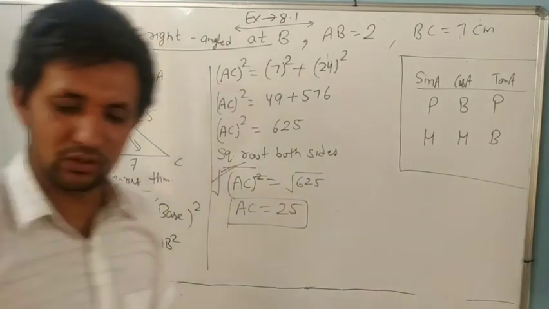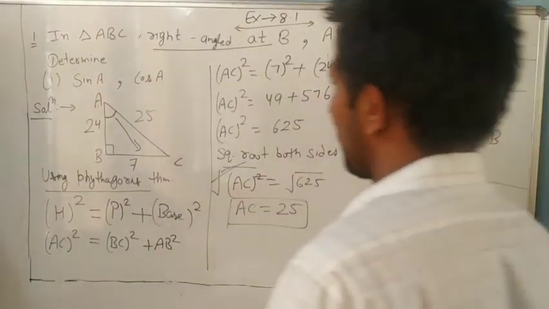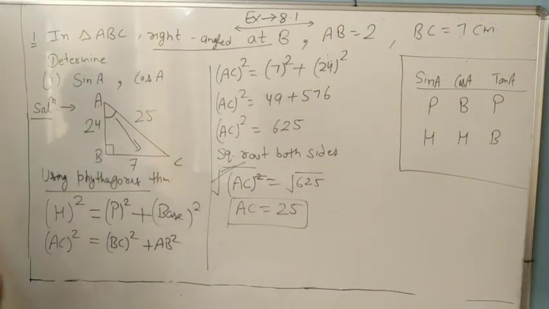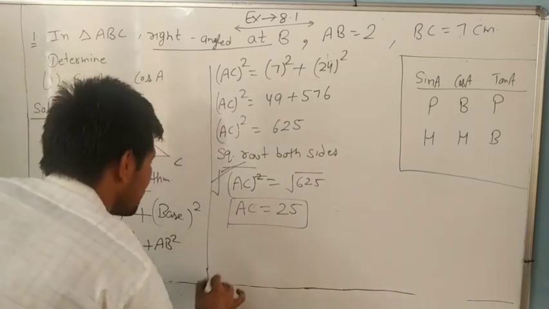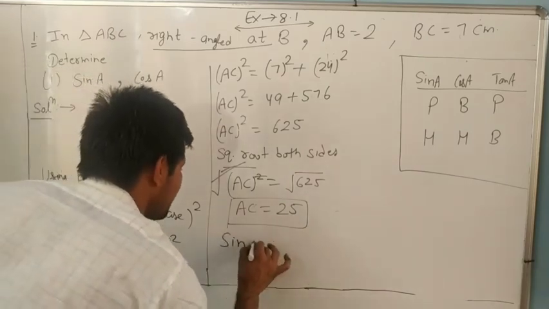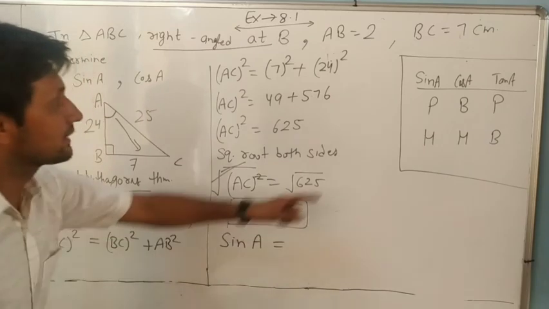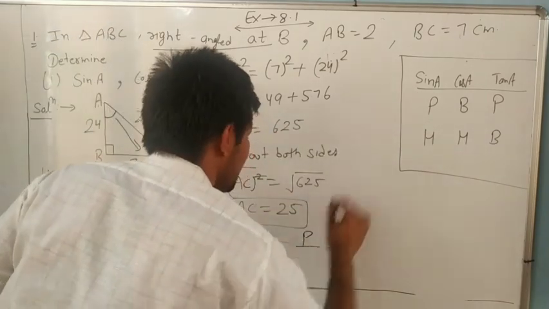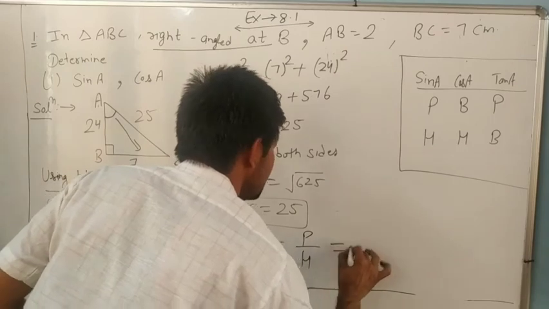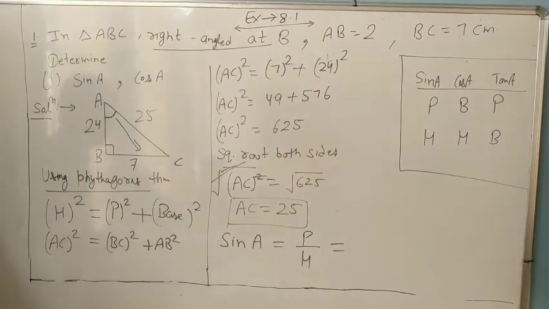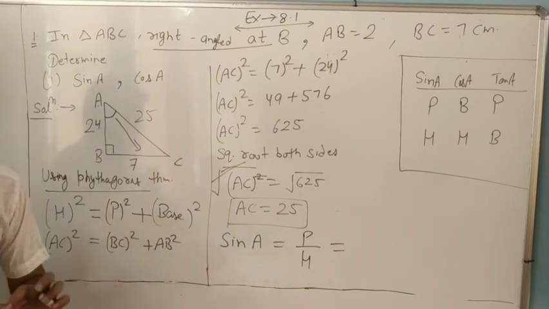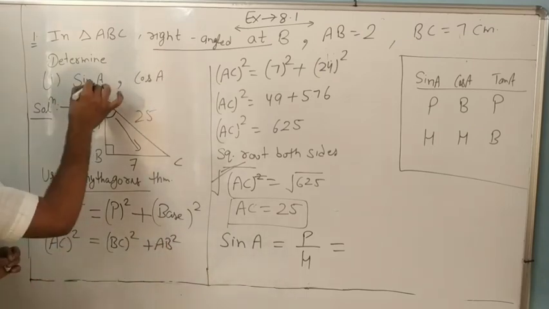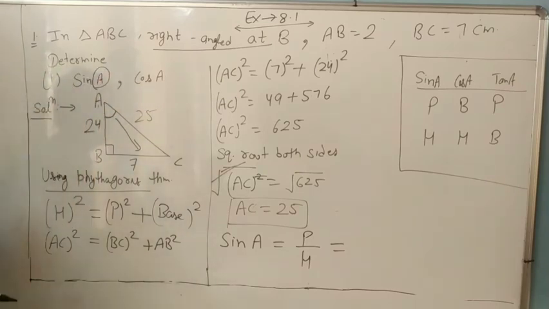Now let's finish our question. What is given? First, look here. First we want to find sin A. So first you write the right formula. Sin A, sin means perpendicular divided by hypotenuse. Very important, look now: sin A. What is the angle?